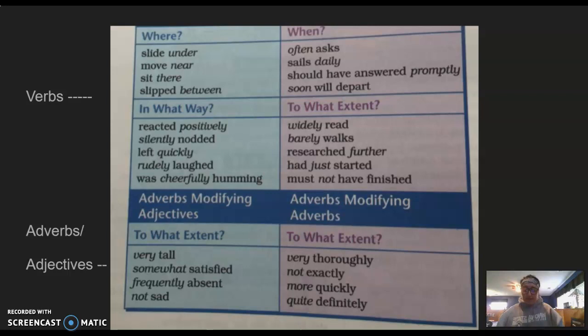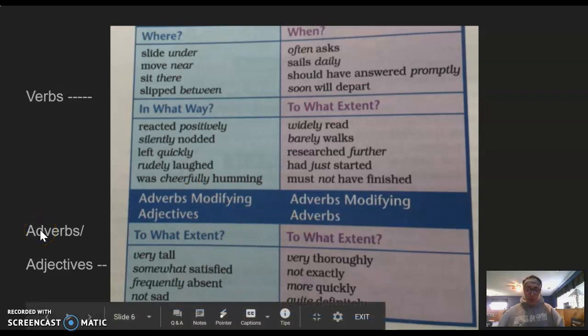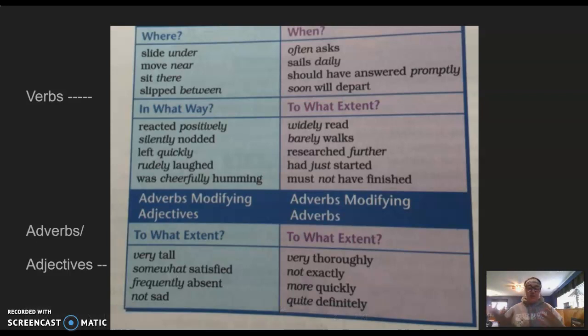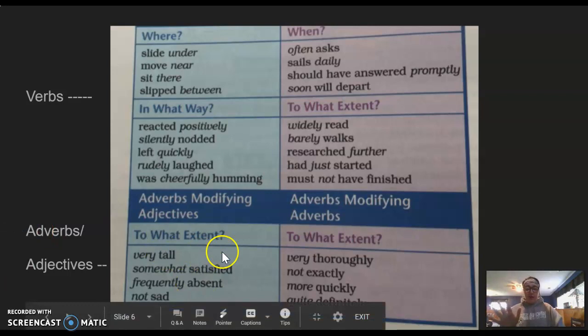Frequently absent, not sad. All words that describe nouns. The only thing that an adverb can do for these adjectives is say to what extent this person, place, or thing is this way. Are they very tall? Are they somewhat tall? Are they not tall? It's very, very simple. It can only answer one question.